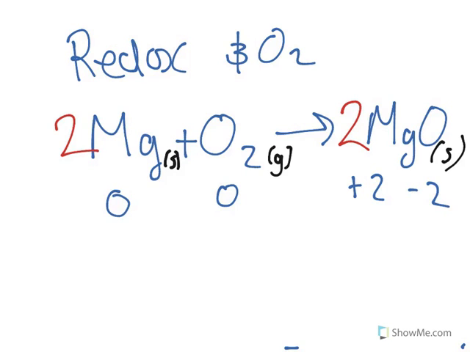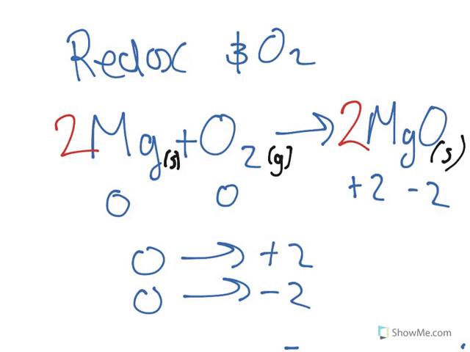It's also plus 2 because it's a group 2 metal, so it loses 2 electrons. Which means that since magnesium goes from 0 to plus 2, it is oxidized, and since oxygen goes from 0 to minus 2, it is reduced. So magnesium reduces the oxygen, which means that it's a reducing agent, like we said before.